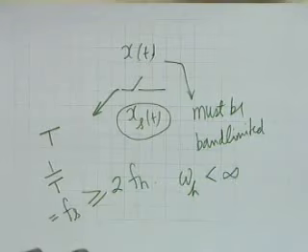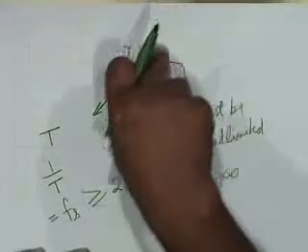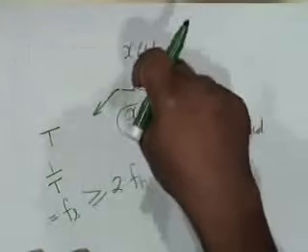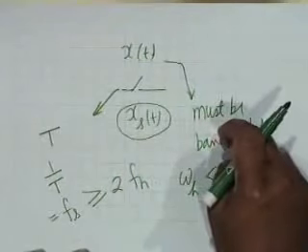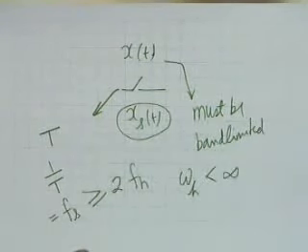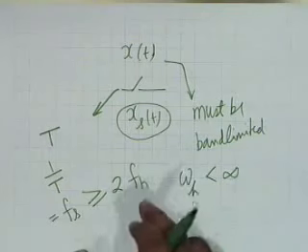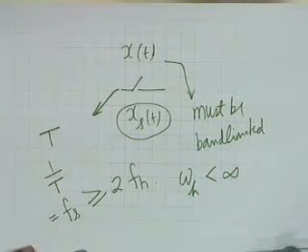So there are two constraints. One is that the signal that you are sampling must be band limited, and the sampling frequency must be chosen carefully. It must be at least twice the highest frequency content. And how this comes about, we had already illustrated in the example that we worked out. Let us quickly recall that example.